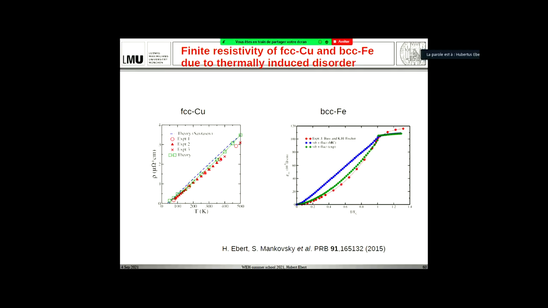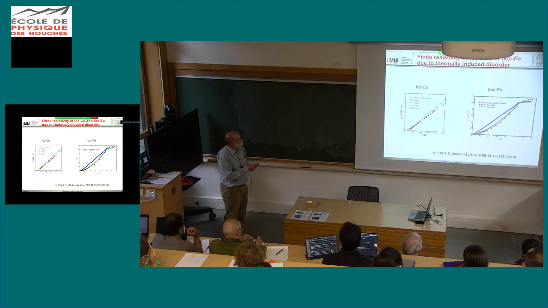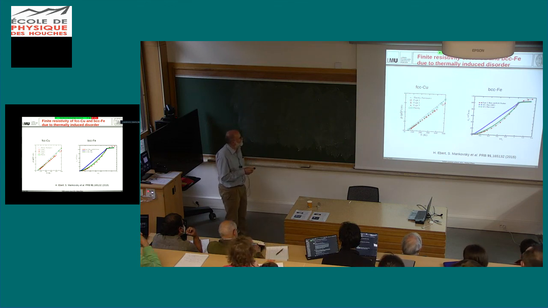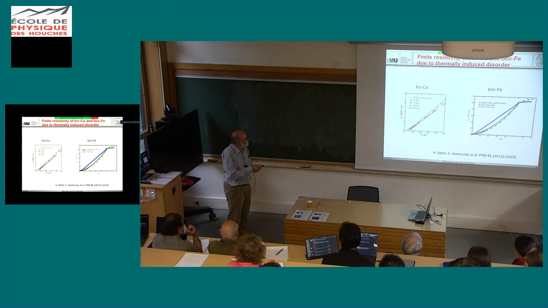And what does it mean for conductivity of pure copper? Pure copper calculated with Kubo formalism would lead at least for T equals 0 to infinite conductivity. That means zero resistivity. But now what we get as a function of the temperature, we get these numbers.